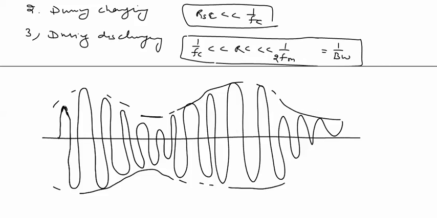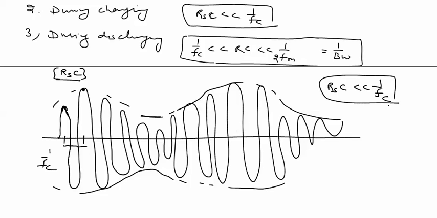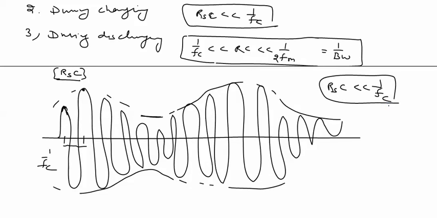The capacitor should be charged as fast as possible before the next cycle comes, meaning the charging time of the circuit should be much less than 1 upon fc, because 1 upon fc is the time difference between two cycles.